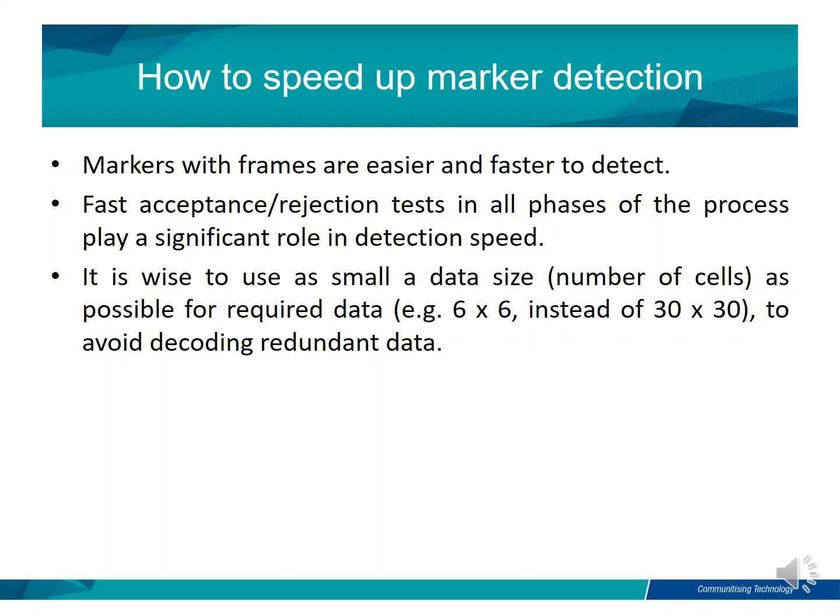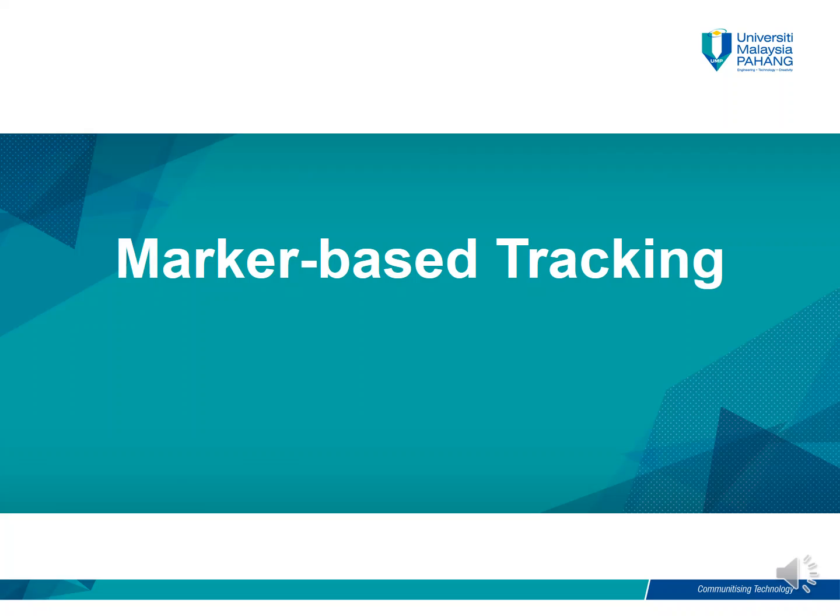Also pay attention to the acceptance and rejection test in all the phases. It is also suggested to use a small data size so that it can avoid redundant data. So these are the three recommendations to speed up the marker detection process.